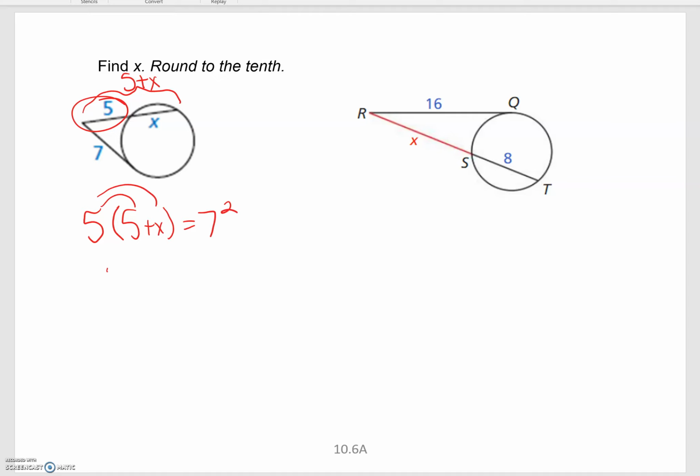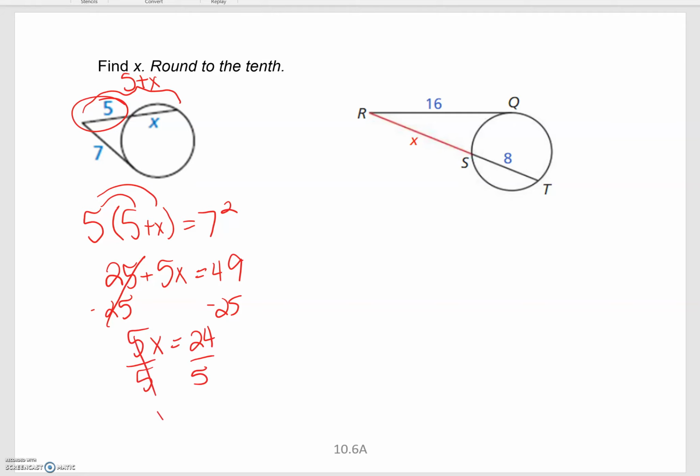I'm going to go ahead and distribute, so I have 25 plus 5x equals 49. I'm going to subtract my 25 over, so I get 5x equals 24. Then when I divide by 5, I get that x equals 4.8. It says round to the 10th, so 4.8 is okay as an answer.